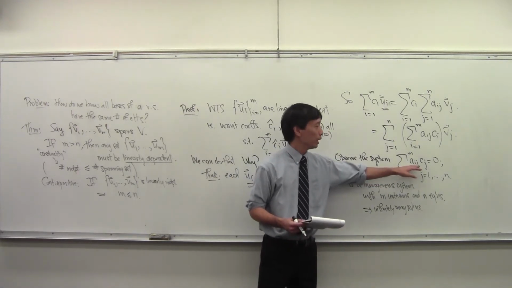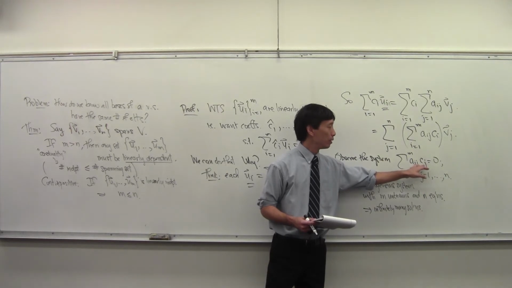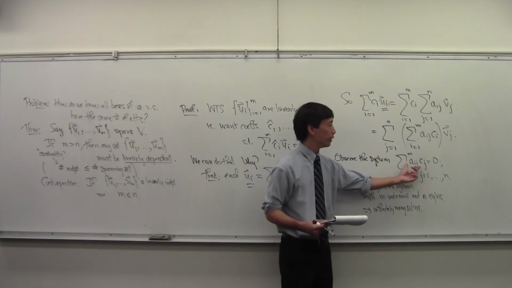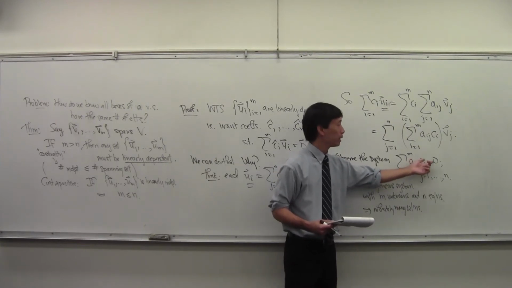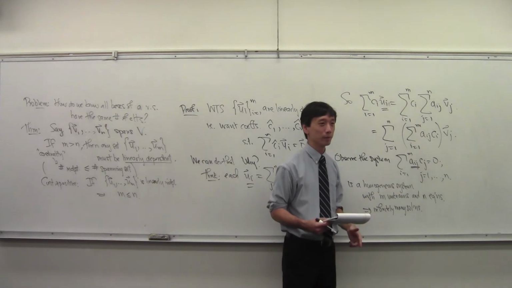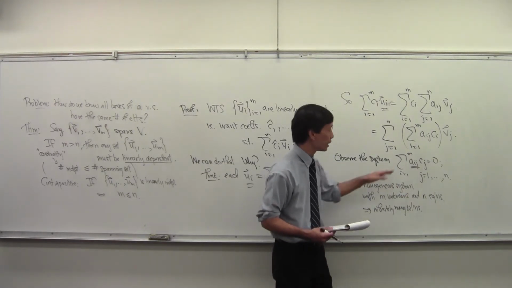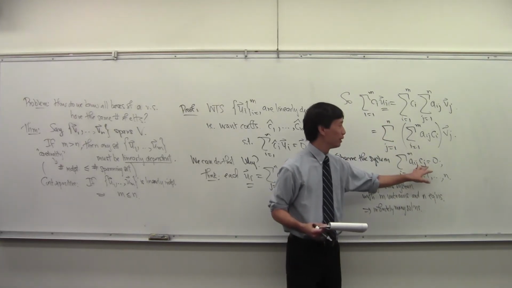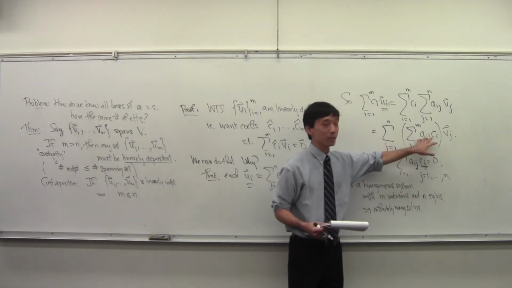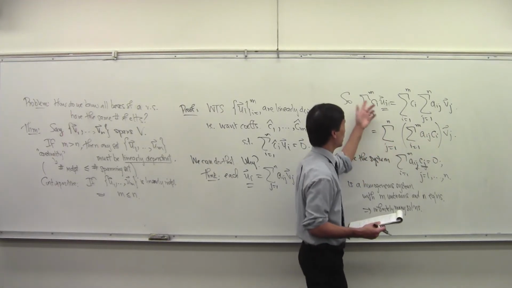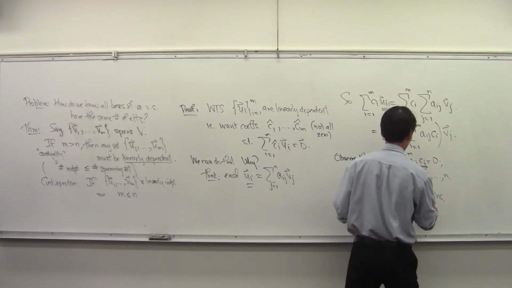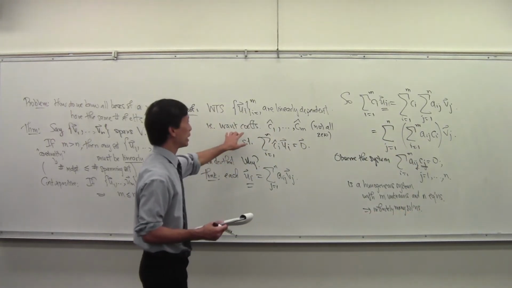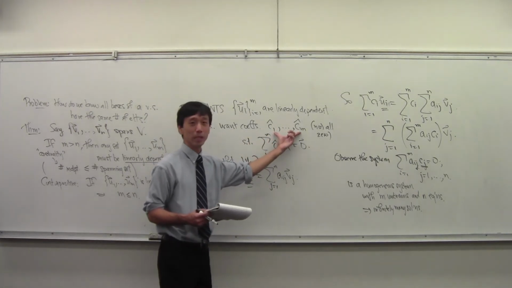In other words, we can definitely find non-zero cj that make all these guys 0, and that makes the sum equal to 0. So we can find the ci hat we were looking for.